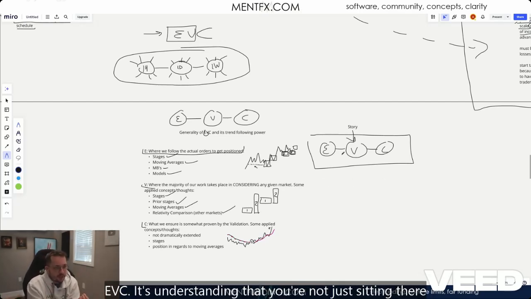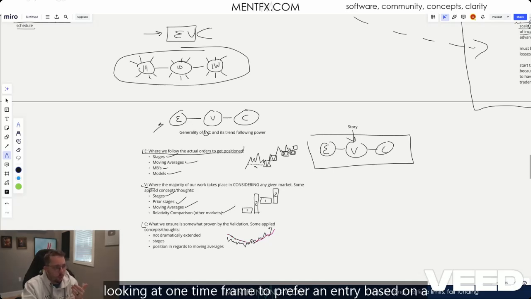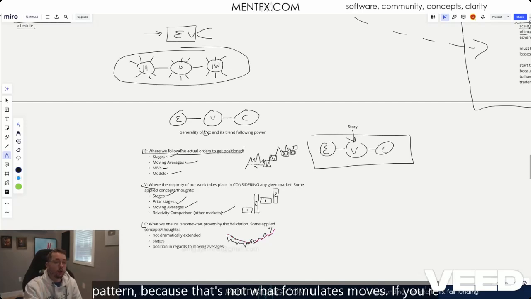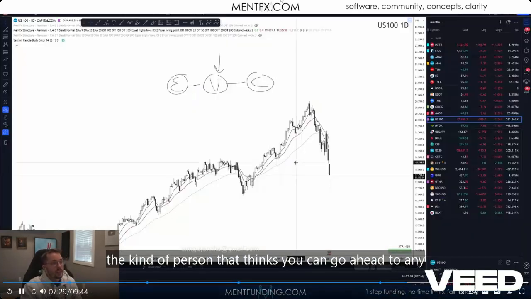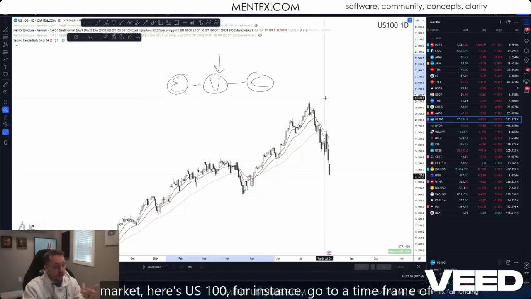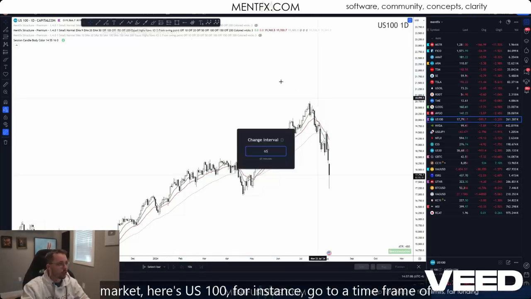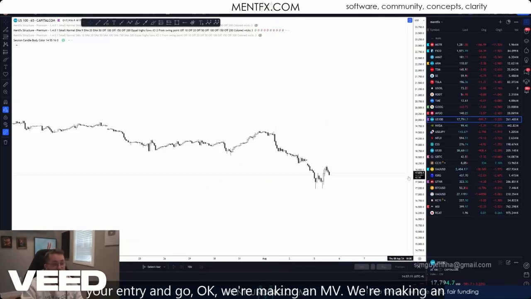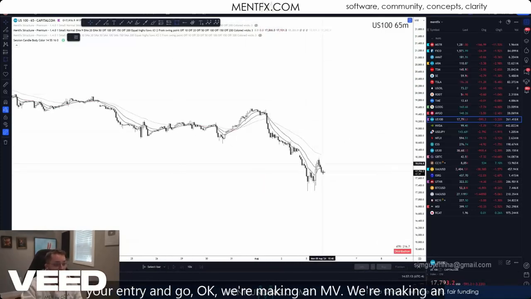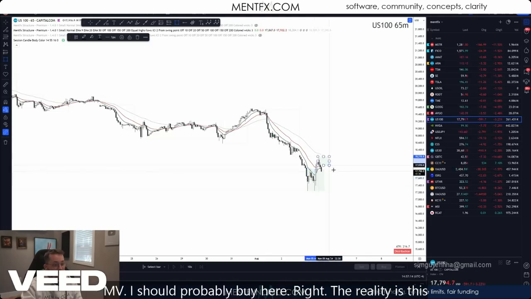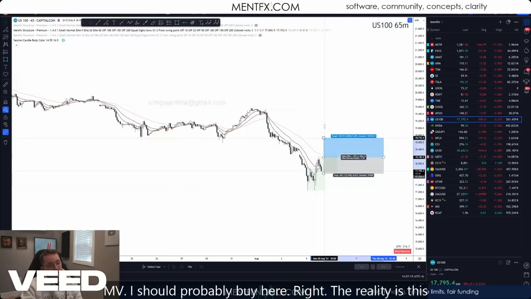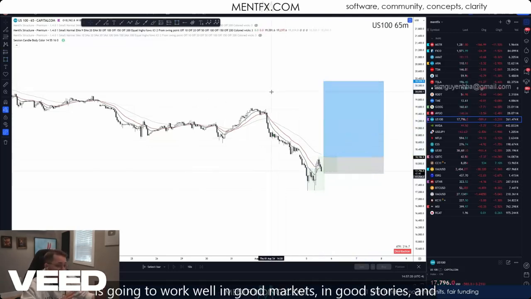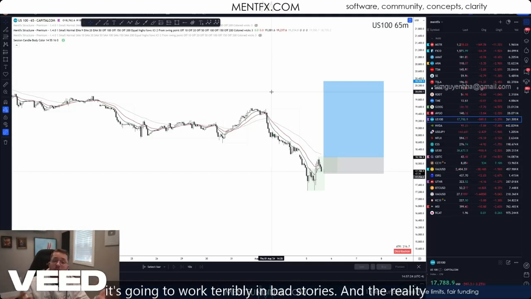It's understanding that you're not just sitting there looking at one time frame to prefer an entry based on a pattern, because that's not what formulates moves. If you're the kind of person that thinks you can go to any market, here's US 100 for instance, go to your entry time frame and go, okay, we're making an MB, I should probably buy here, the reality is this is going to work well in good markets, in good stories, and it's going to work terribly in bad stories.